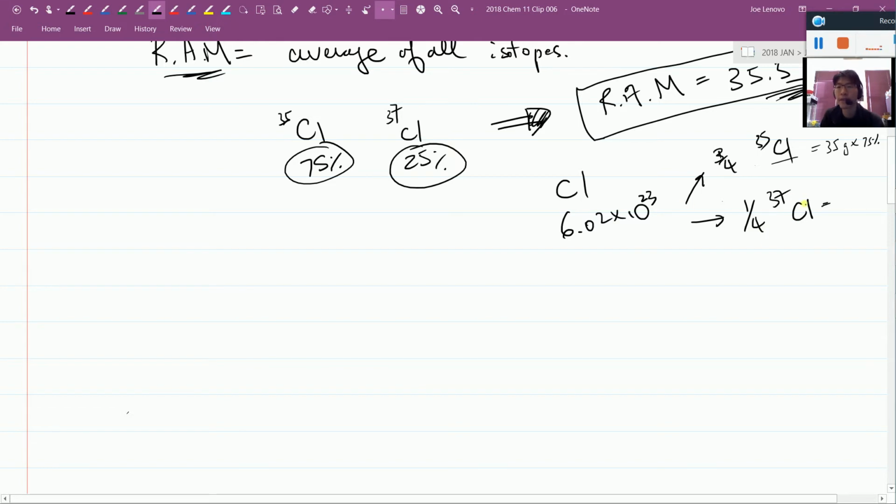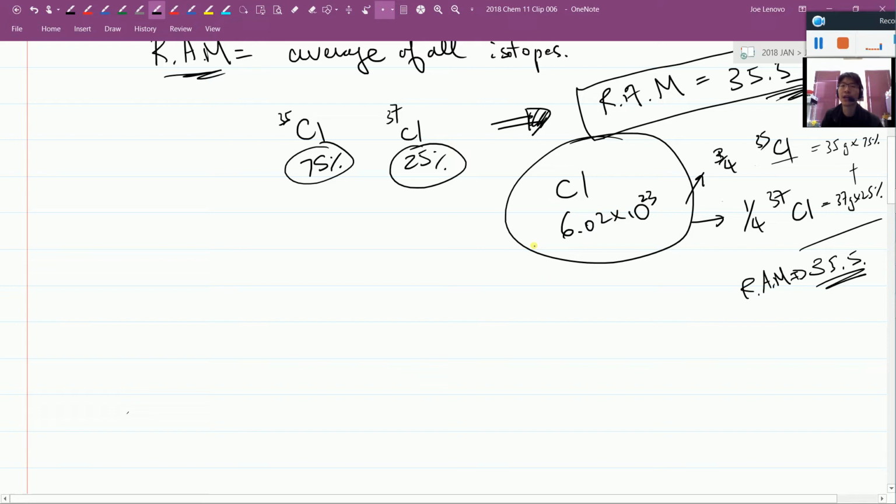And one quarter of them is 37, so 37 grams times 25%. If you add them together, eventually you will find the relative atomic mass value, 35.5. This considers that all these chlorine atoms contain 6.02 times 10 to the 23, a big number.